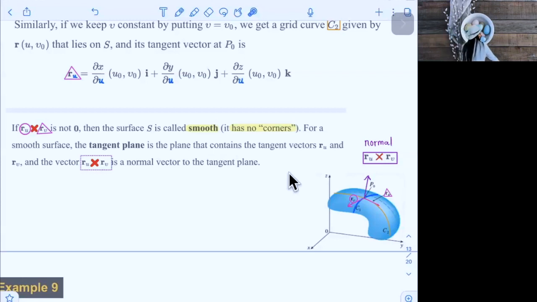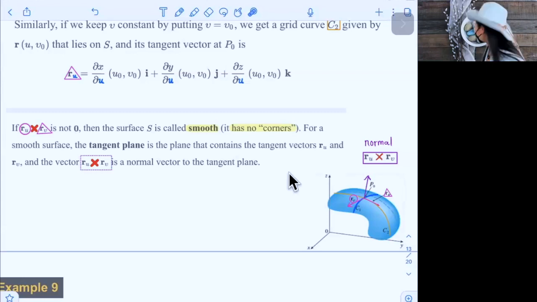One is this, R of V. The other one is this vector, R of U. They're going to determine that tangent plane right there. Then how do you write it?